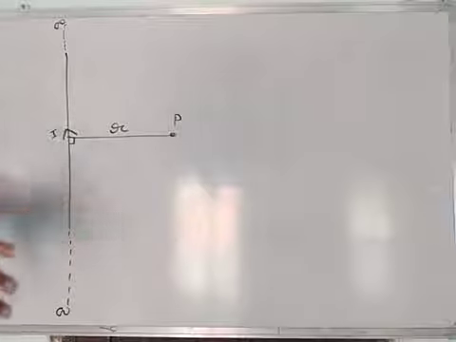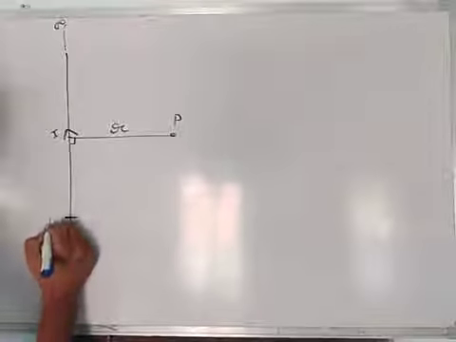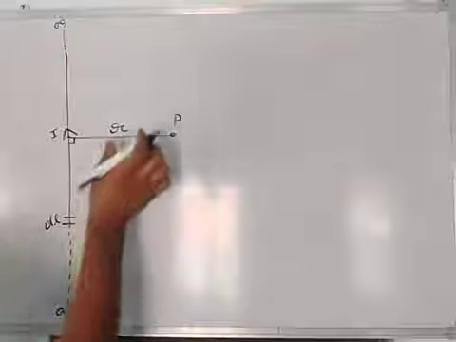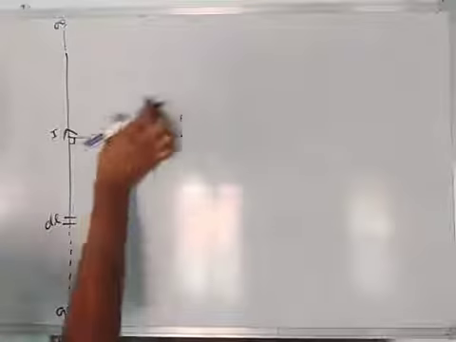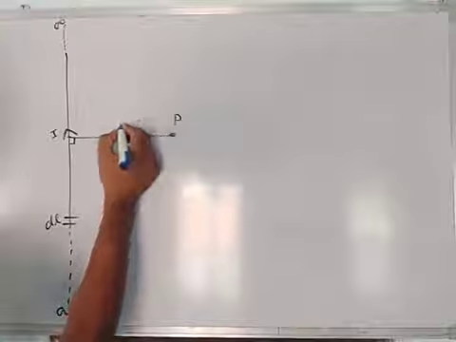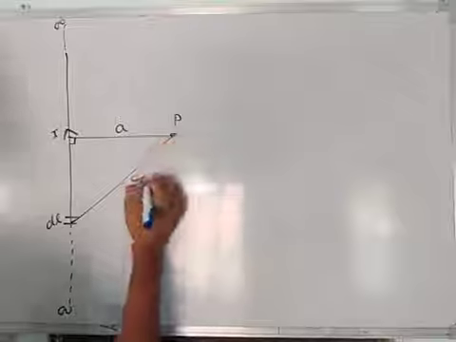Then for this, again we are going to consider a small length dl. Consider a small element dl, and for simplicity, I will take this distance a, and this distance will be r.